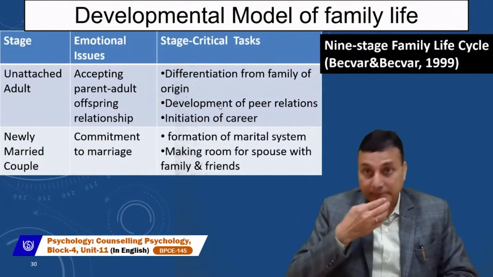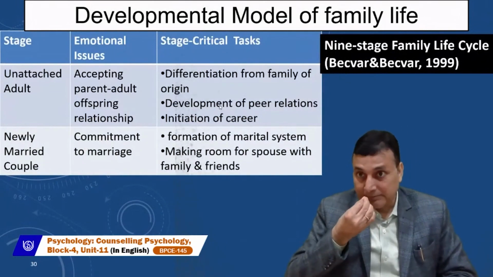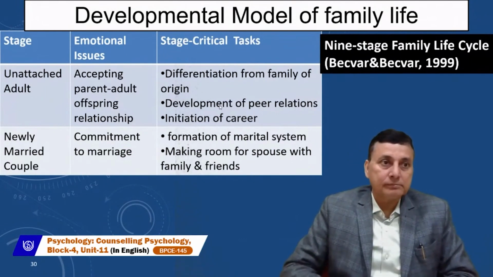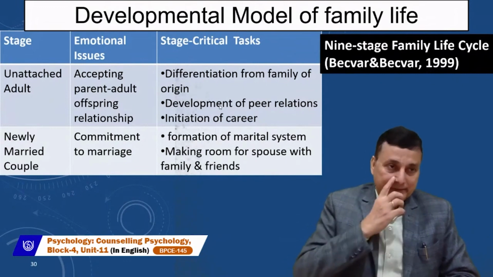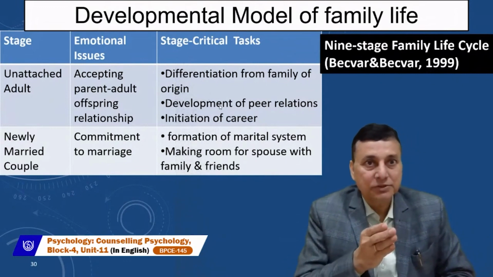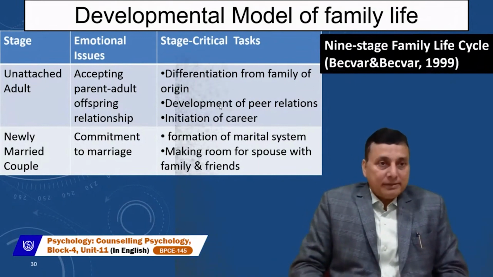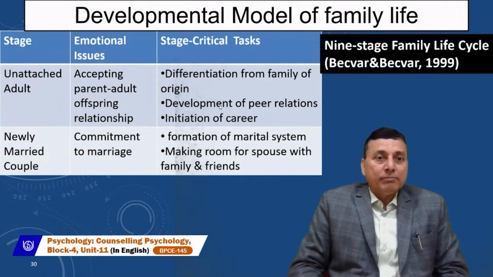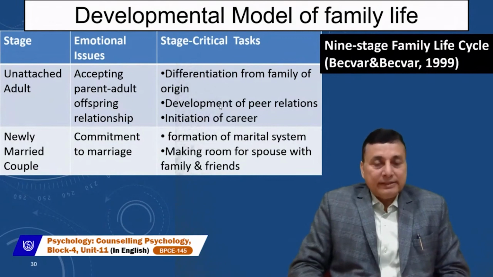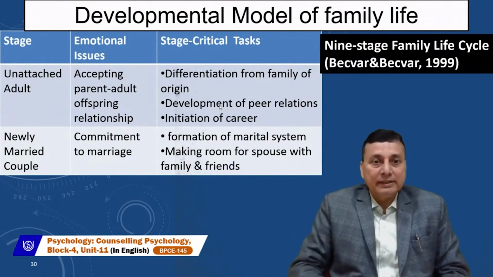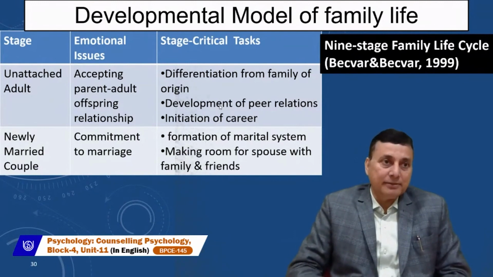So let us see the developmental model of family life. The nine stage family life cycle given by Beckover and Beckware. Unmatched adults, stage emotional issues, stage critical task. So unmatched adults: accepting parents, adult offspring relationship, differentiation from family of origin, development of peer relationship, initiation of career.